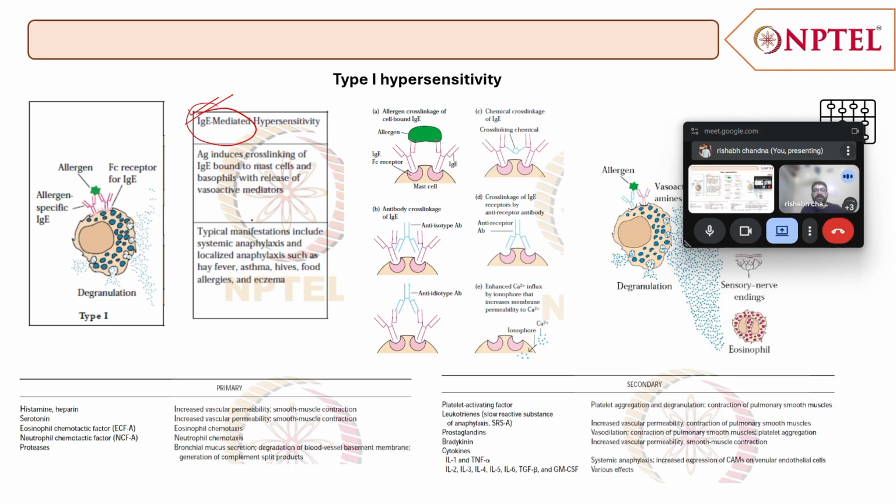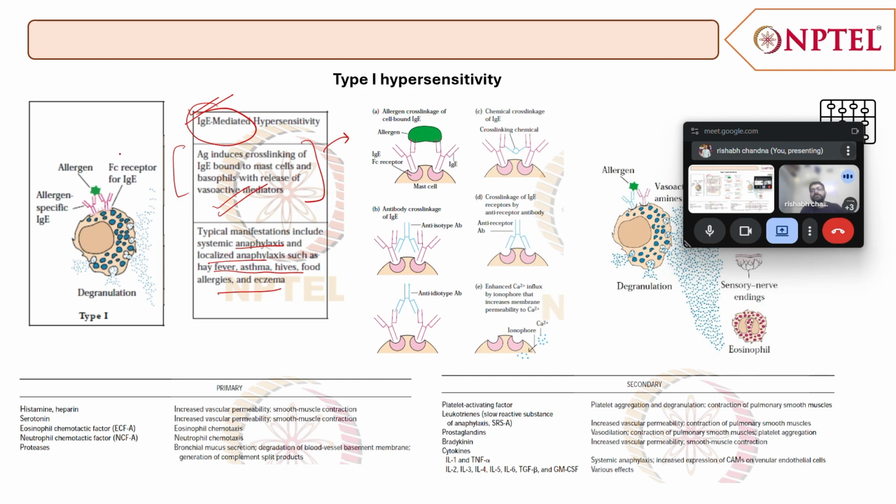It basically includes systemic manifestations like anaphylaxis and localized anaphylaxis like hay fever, asthma, hives, food allergies, and eczema. Okay, and these are triggered when antigen induces cross-linking of IgE bound to the mast cells and basophils, with release of the vasoactive mediators. Okay, so we'll discuss in detail how this reaction actually takes place.